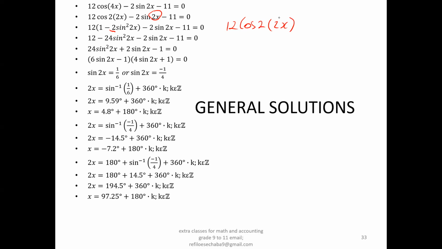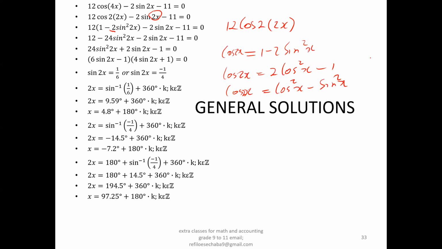Okay. But when you change it, remember you apply one of those three that I showed you, where we say cos 2x will be equal to 1 minus 2 sine squared x, or cos 2x is equal to 2 cos squared x minus 1, or cos 2x is equal to cos squared x minus sine squared x.